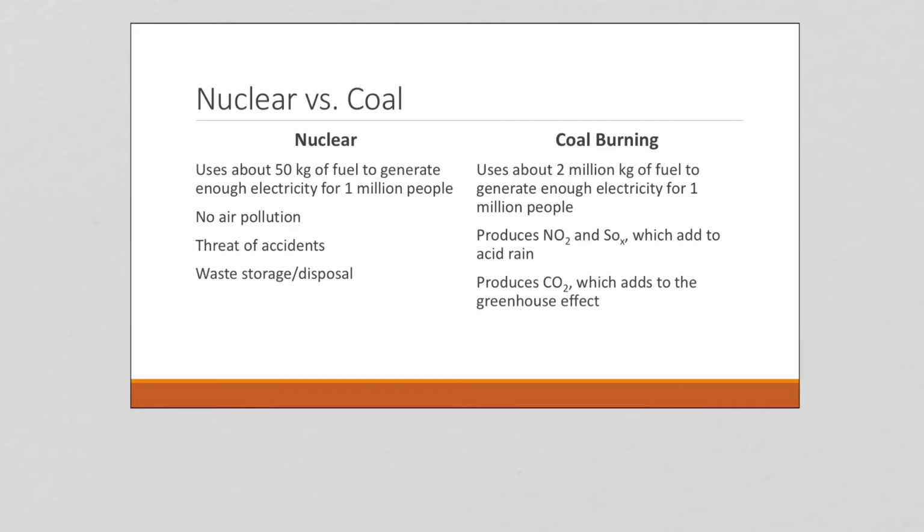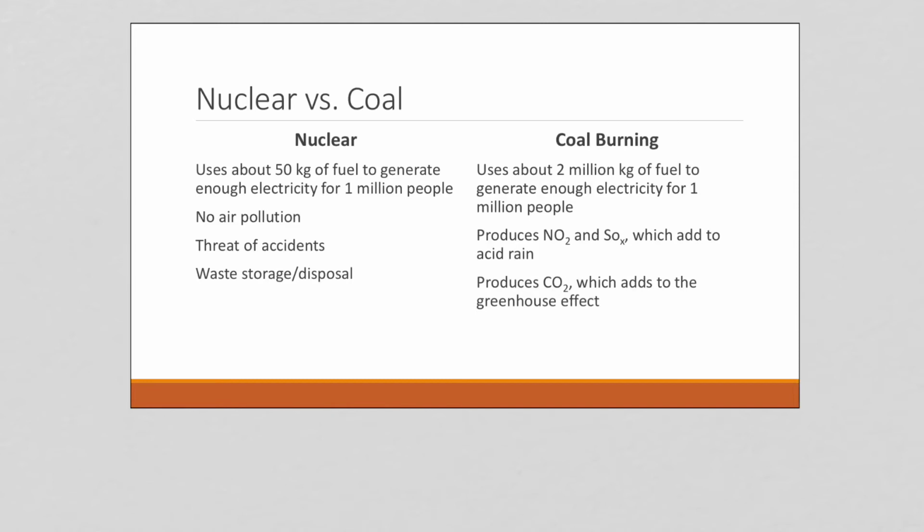Whereas in a coal plant, we require about 2 million kilos of coal to generate the same amount of electricity. So your raw materials are much less, right? There is, of course, the issue that raw materials run out. And that goes for both cases, but we're going to use that coal a lot faster than we're going through the uranium here.